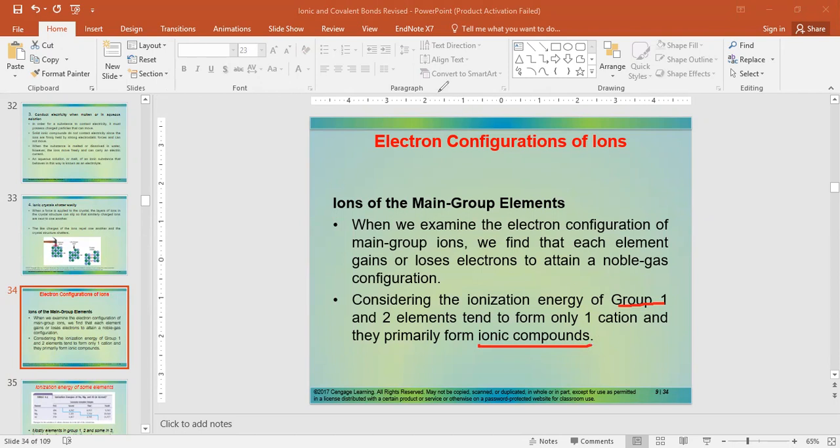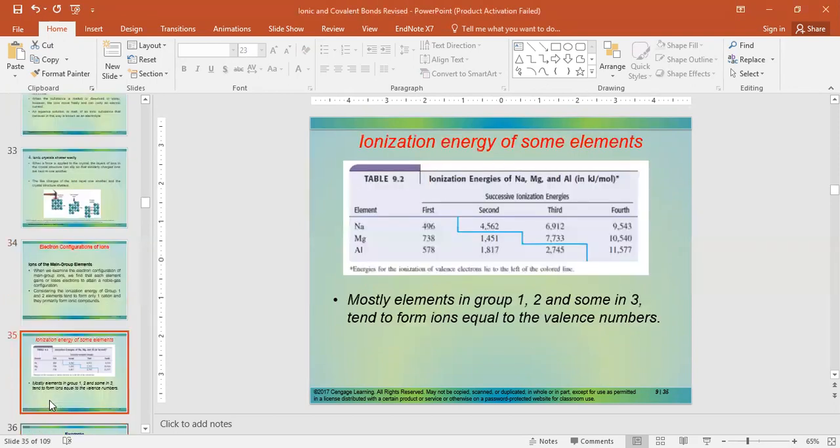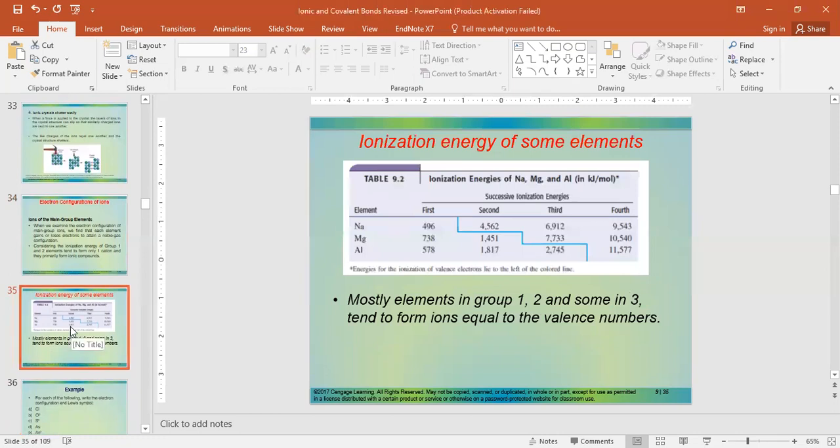So what I am going to show next is what happens in the ionization energies of these particular elements, the first ionization energy and the second ionization energy. This is what I am showing here, and I'll spend some time explaining this slide. Ionization energy has been discussed before. Here we have a table of ionization energies, and of interest is the trend as you move.